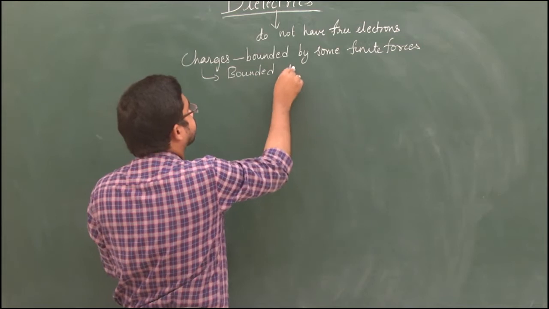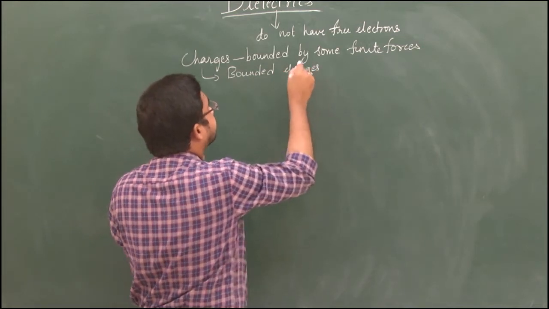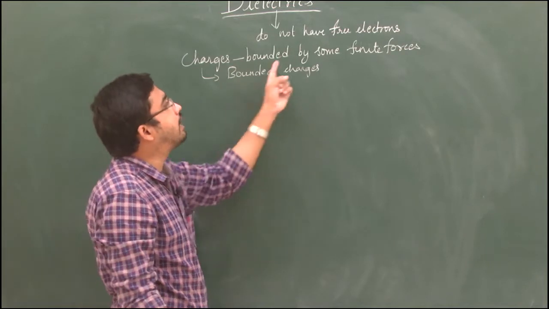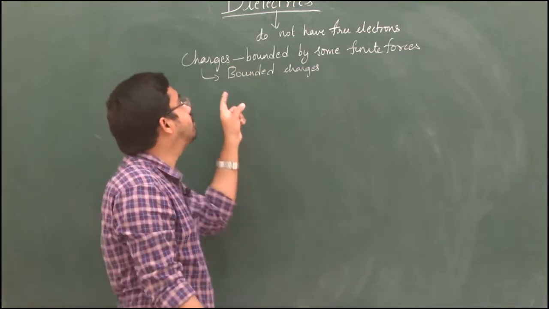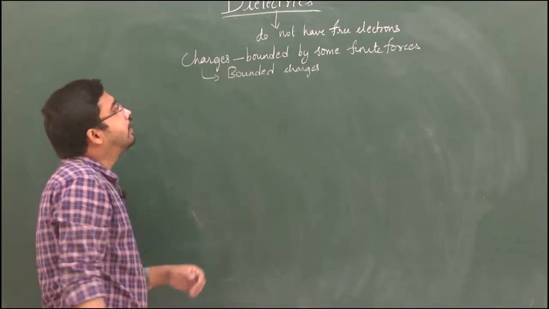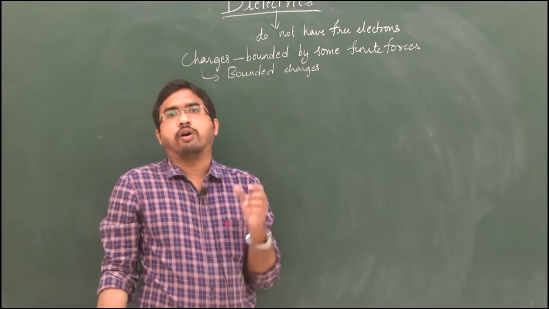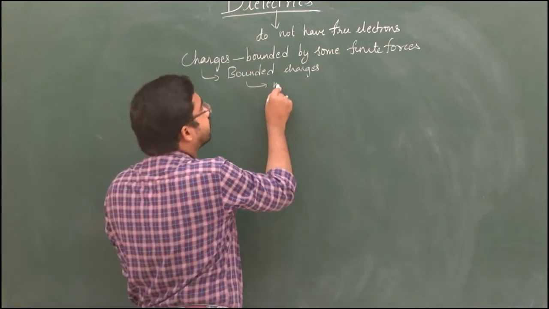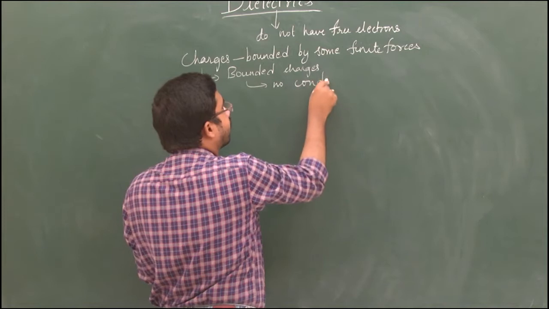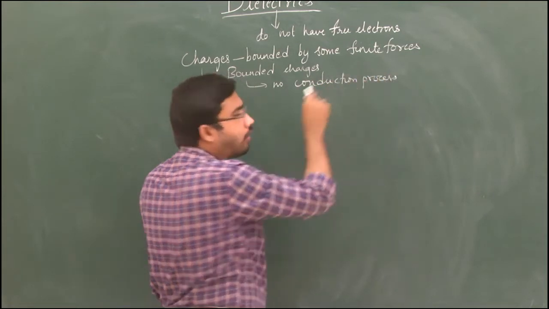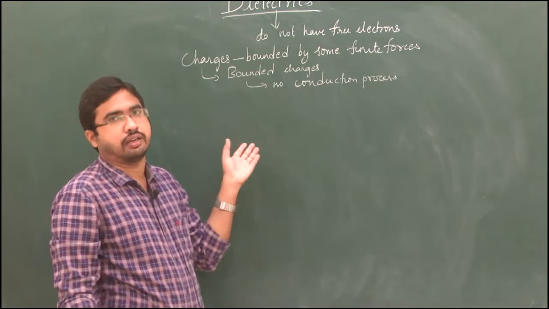In dielectrics, the charges are kept tightly without any free movement by some finite forces, hence they are called bounded charges. Now, these bounded charges cannot move freely, so there is no conduction process. Current conduction is not possible in the normal case for a dielectric.